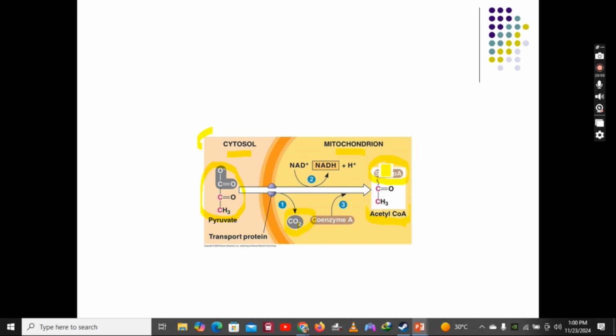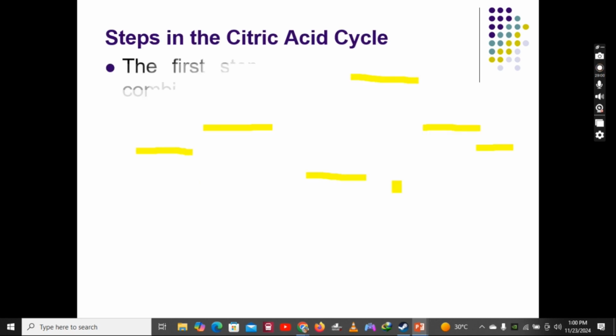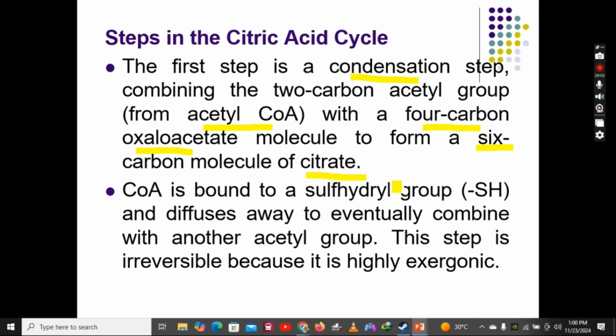So this CoA, this functional group, is what we are trying to talk about here. The CoA is bound to a sulfhydryl group, which has a sulfur and hydrogen atom. Sulfur and hydrogen atom make up the sulfhydryl group. This is the functional group which is attached to the acetyl-CoA.